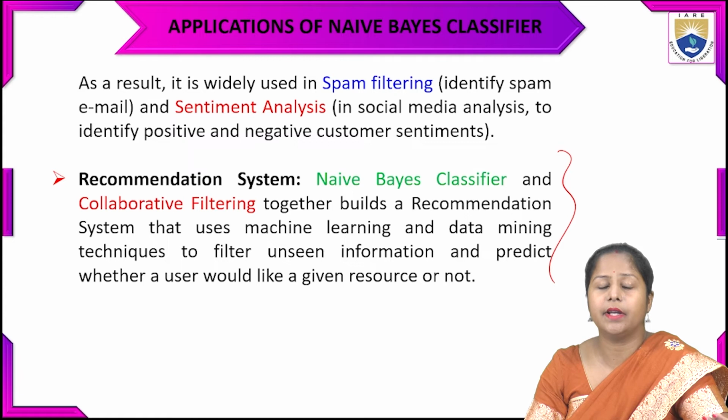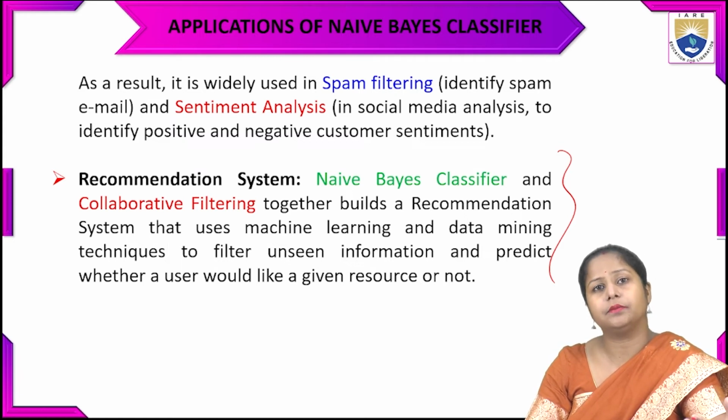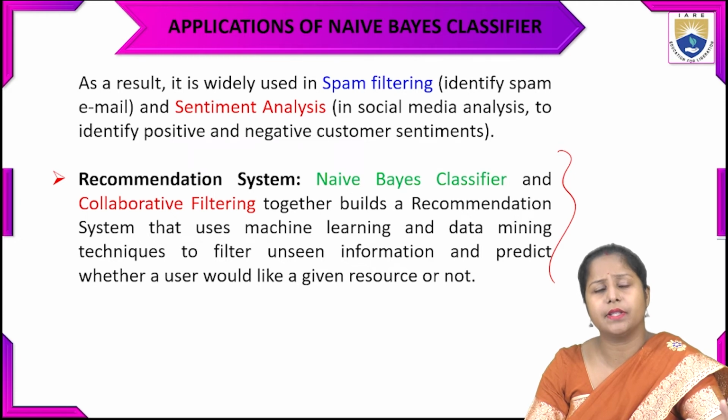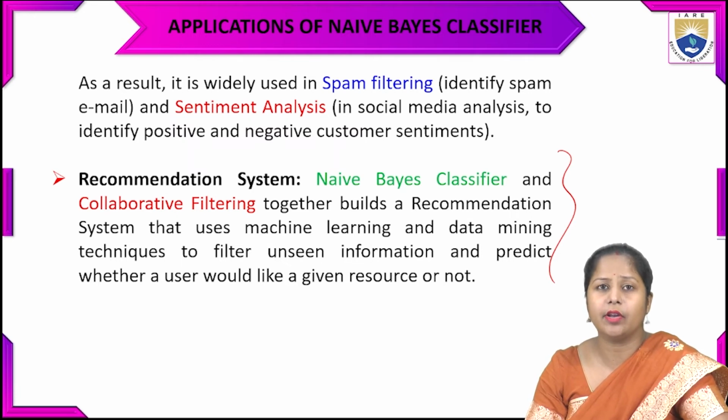If we have purchased some product there, some recommendations will come, like a pop-up saying you can also check this product, which is similar to the product you bought from this website. For that classification, the naive Bayes classifier is used.